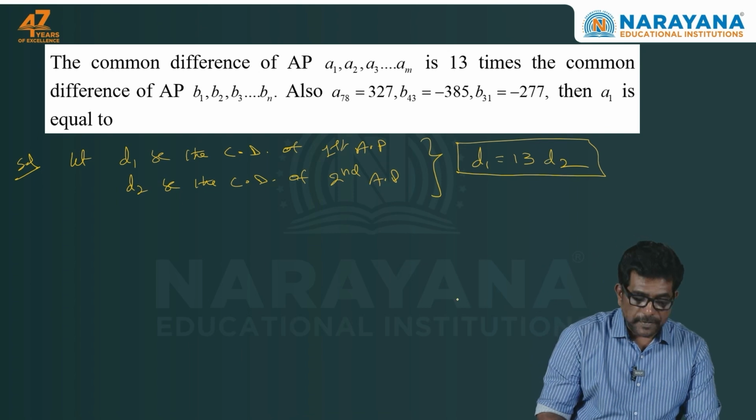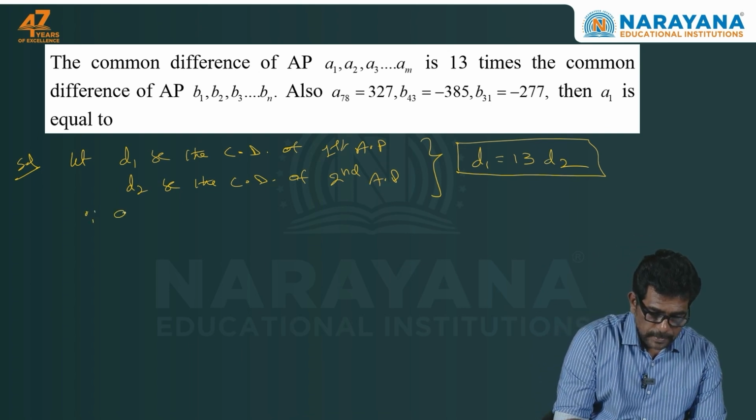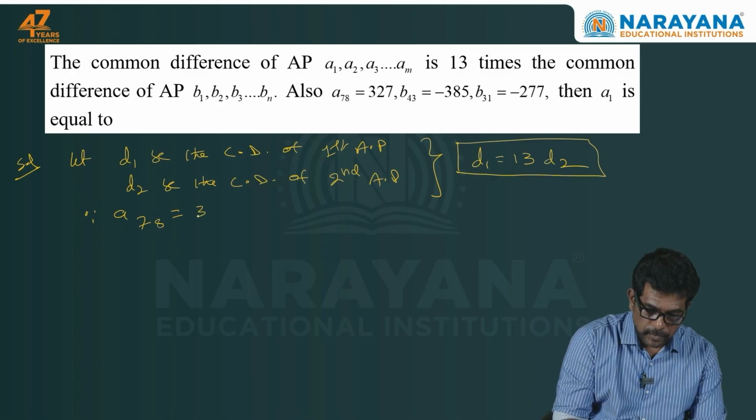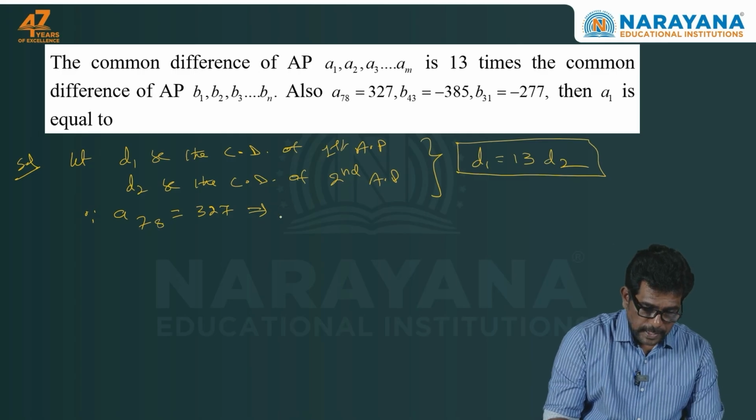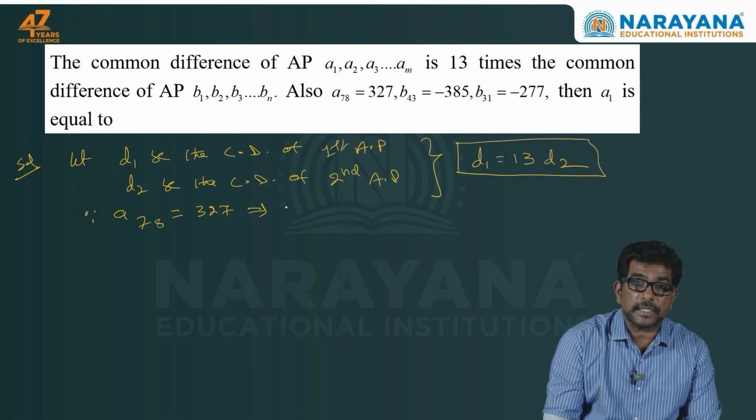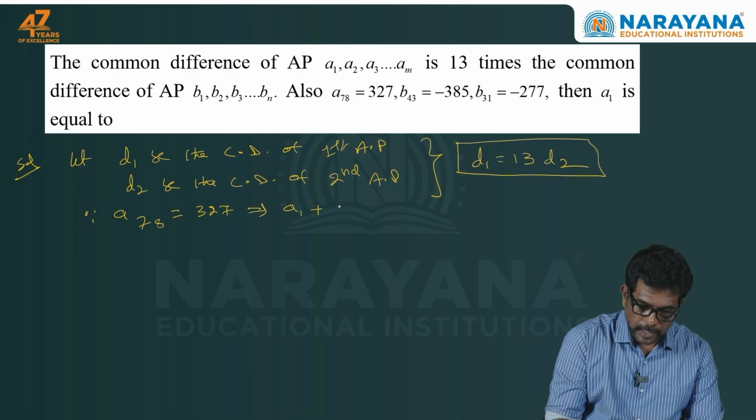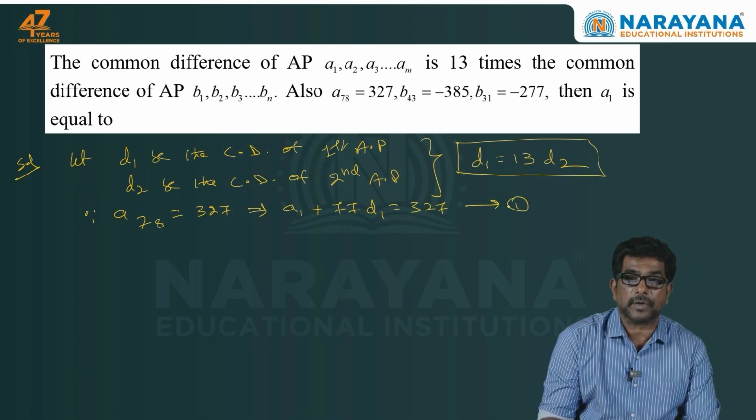Next, A78 is given. Since A78 is equal to 327, this can be written, the first term of the first AP being A1, as A1 plus 77 D1 is equal to 327. This is equation number 1.